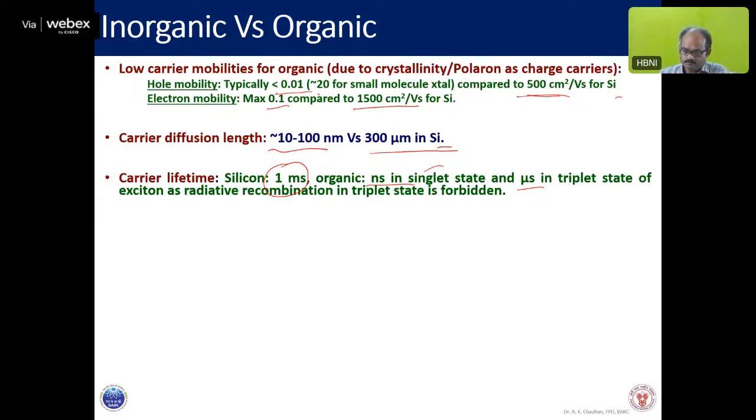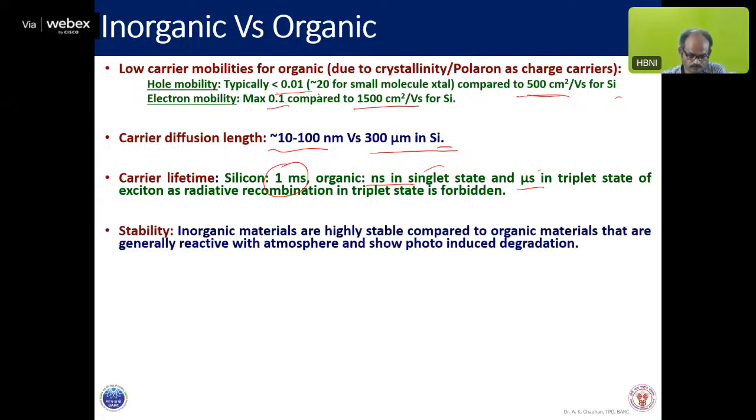And why can it stay longer? Because the transition from higher level to lower level is forbidden. Then stability: inorganic materials are highly stable compared to organic materials, which are generally reactive with the atmosphere and suffer photon-induced degradation.